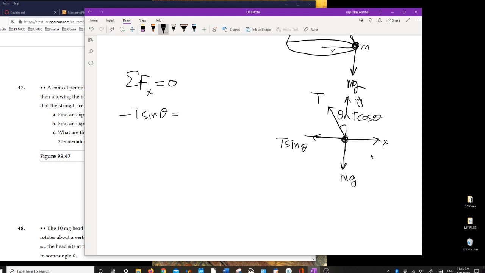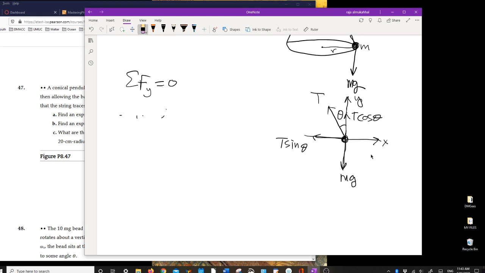Sorry, I made a mistake here: it's the y direction, not the x direction. In the y direction, it's not moving up and down, so that's 0.